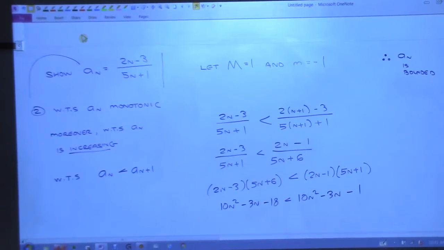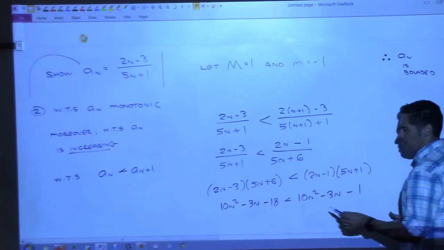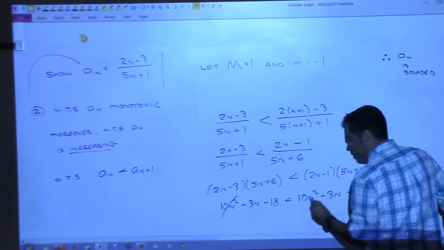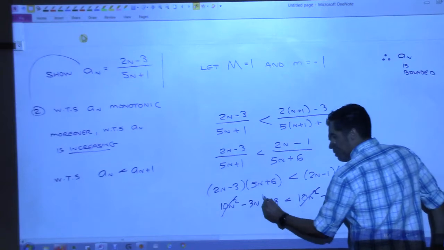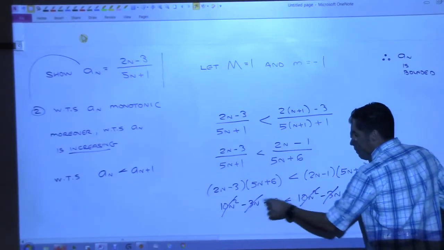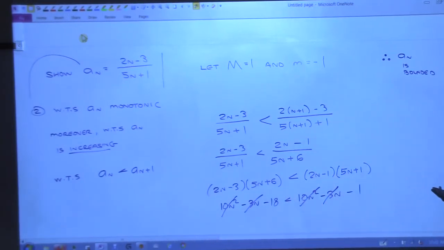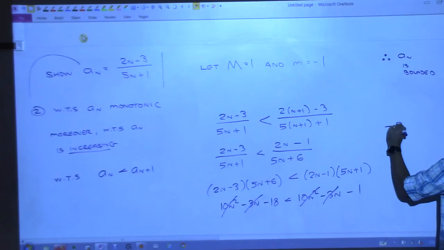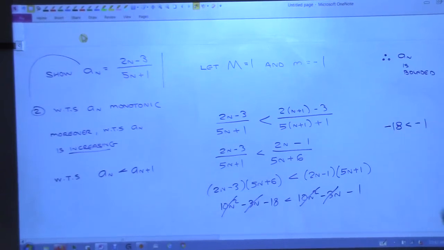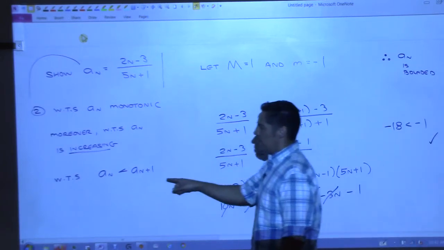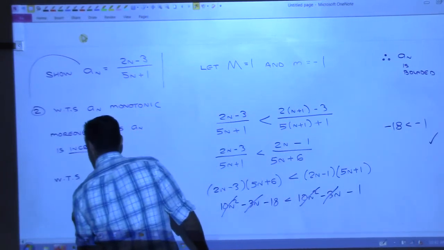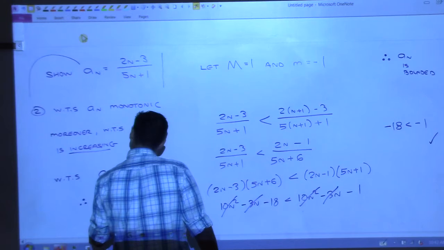Okay, now, if we start trying to move things around, we're going to see that some good stuff's happening here. 10n squared and 10n squared go away. Minus 3n and minus 3n go away because if we add 3n to both sides, they're gone, right? Same reason the 10n squareds went away. And then what are you left with there? Negative 18 is less than negative 1. Is that a true statement? Yes, it is, which means that this was true, which means that it was increasing. Therefore, a sub n is increasing.